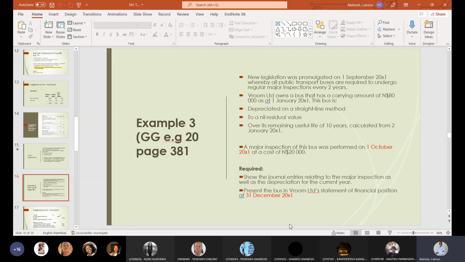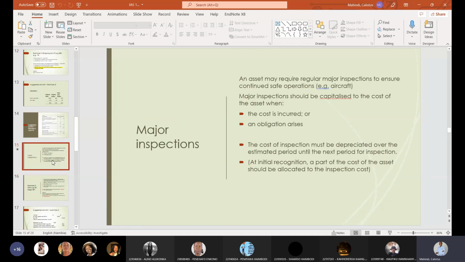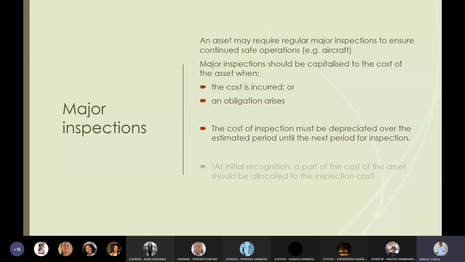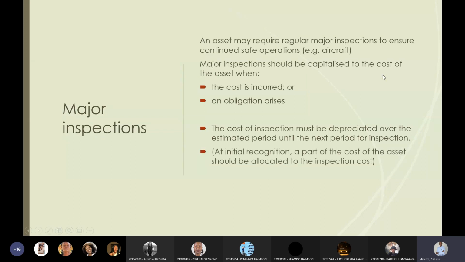So that is correct. You debit the major inspection, but it's not an expense. Why? Because it's capitalized to the cost of an asset. So it's actually an asset. When we say it's capitalized, that just means it's added to the cost of an asset. So you always have to go back to the theory.